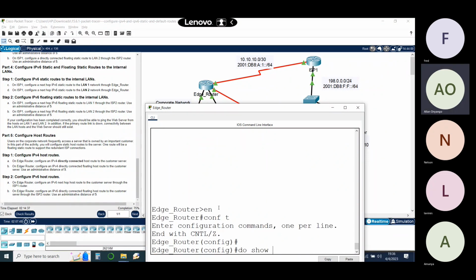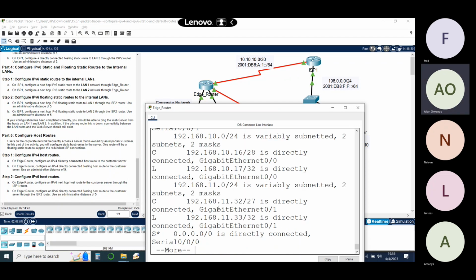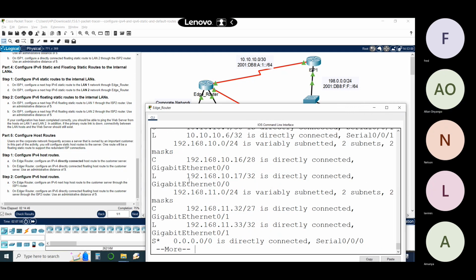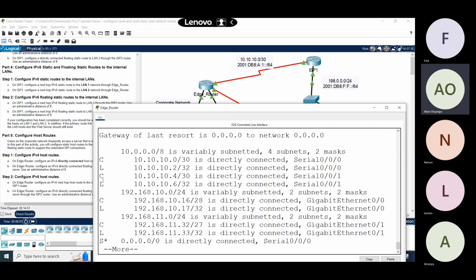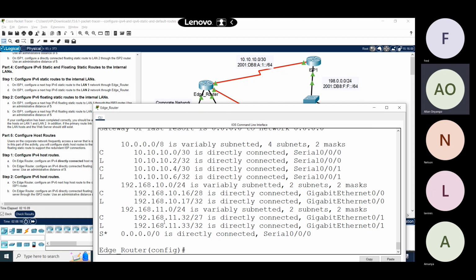So do show ip route, since this is for IP version 4, and we need to see that. All right, so 10.10.10.0 right here. And since it's directly connected, we're going to need serial 0/0. That is our exit interface because we're working with directly connected. All right. So let's do that here.